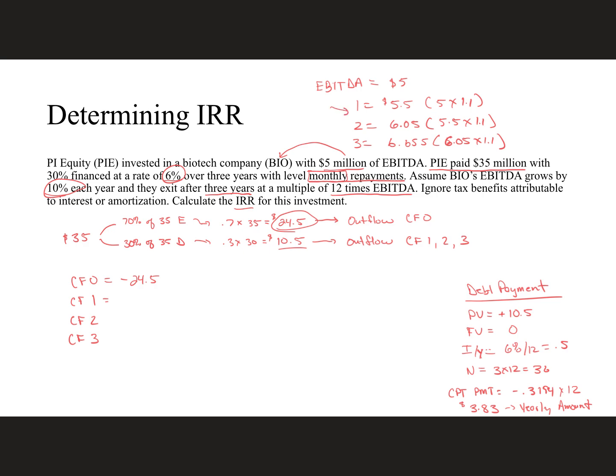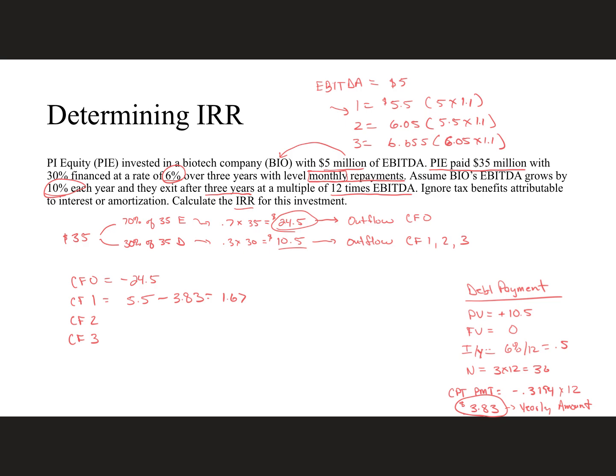Then we have our EBITDA, because remember, we just purchased this firm. We just bought it, so now all of this cash flow is available to us. In year one, we're going to have 5.5 in EBITDA. However, we have to remove our debt payments of 3.83, so 5.5 minus 3.83 leaves us 1.67 million in year one.